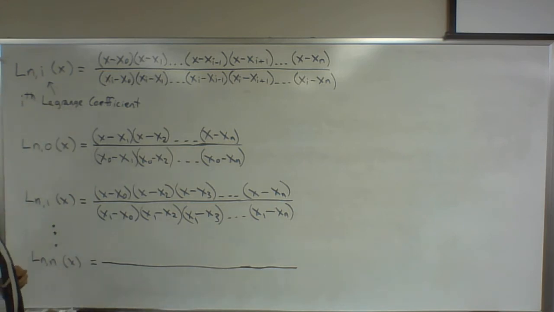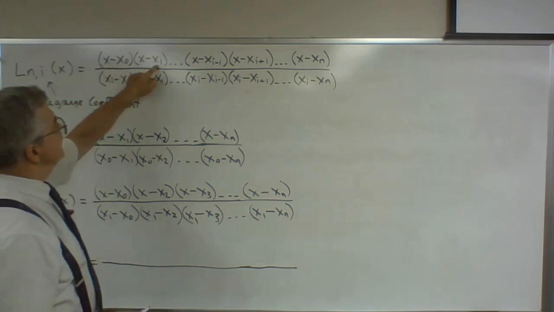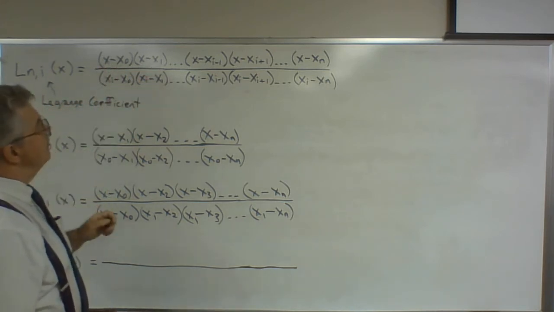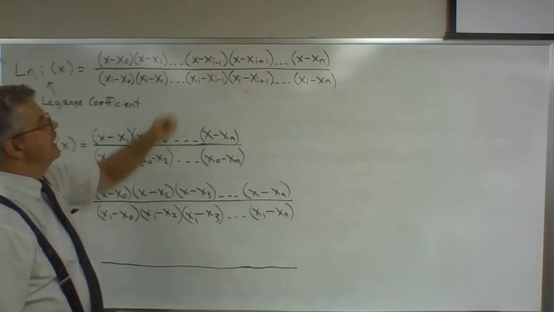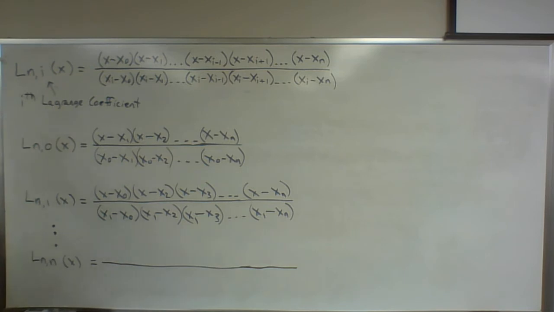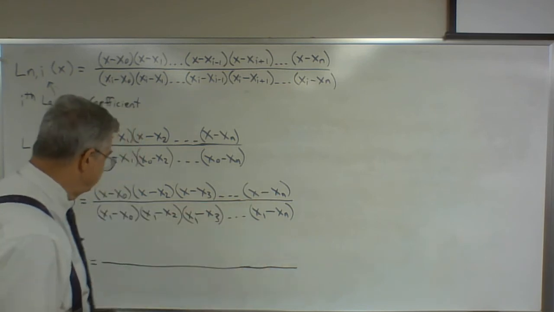And up top we have x minus x0, x minus x1. The only factor that we leave out is x minus xi. What's i here? Here's our i equals n. So the factor that we're going to leave out up top is going to be x minus xn. We're not going to have it up here.